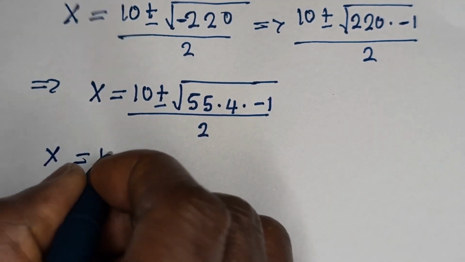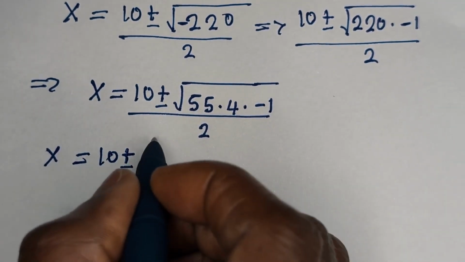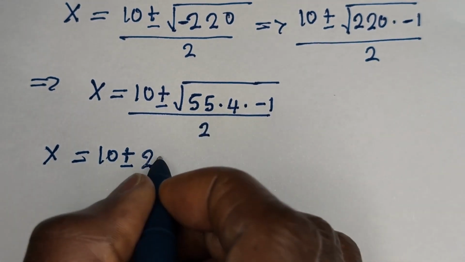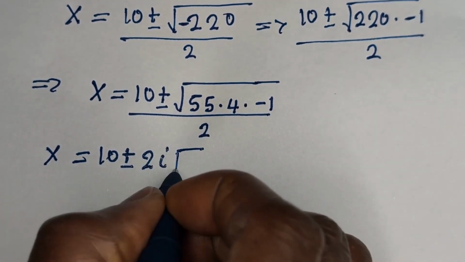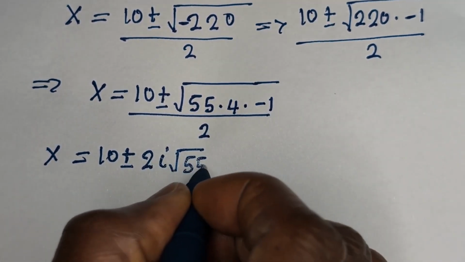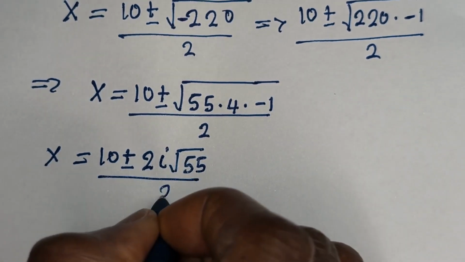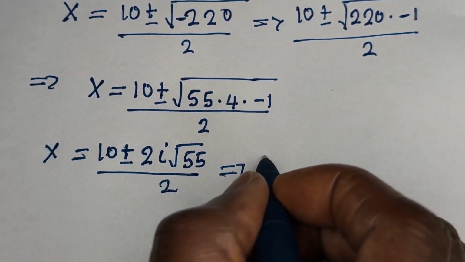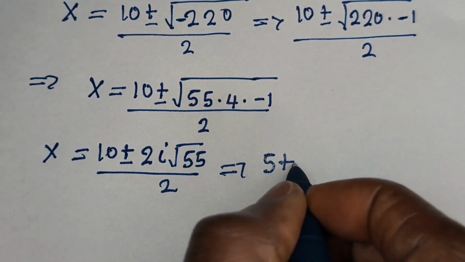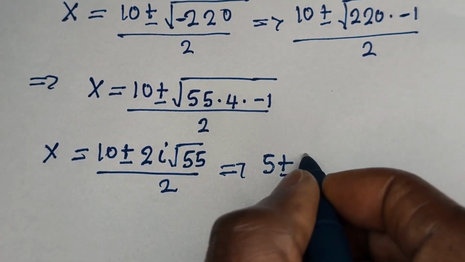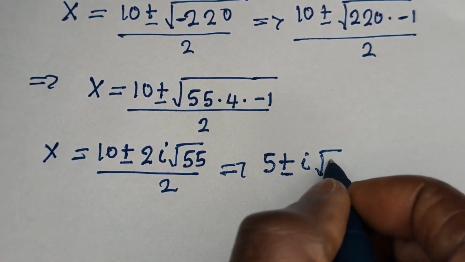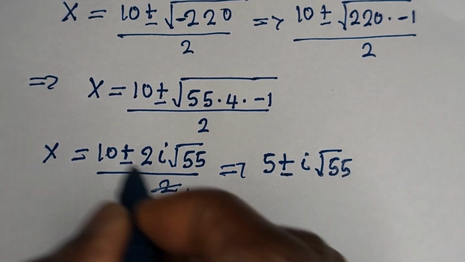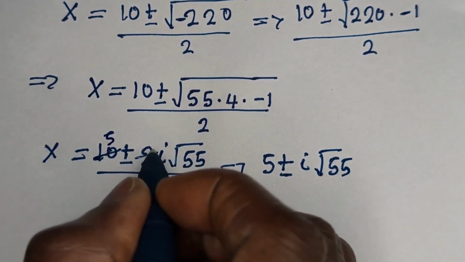x is equal to 10 plus or minus square root of 4 is 2, square root of minus 1 is i, then root 55 over 2. This is same thing as 5 plus or minus i root 55, if you divide this: 2 here 1, 2 here 5, 2 here 1.